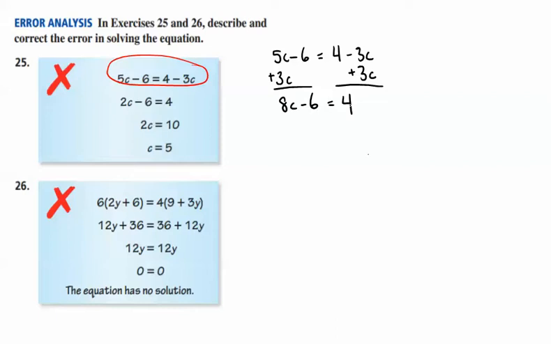Now, let's take a look at what this student did. Instead of 8c minus 6 equals 4, they have 2c minus 6 equals 4. And can you see what happened?